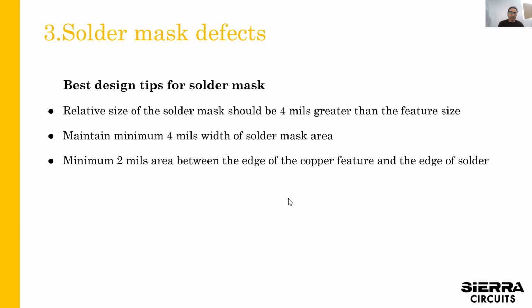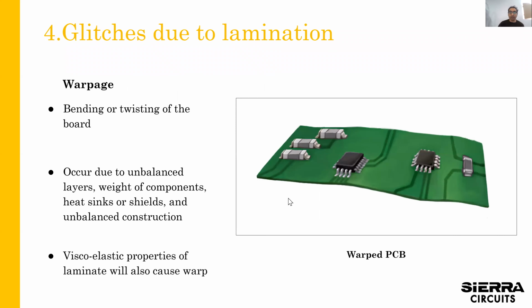And the issue in manufacturing, of course, is that if the solder mask feature becomes too thin, it can lift off of the panel, basically causing a defect. So understand from your fabricator what they're capable of doing.